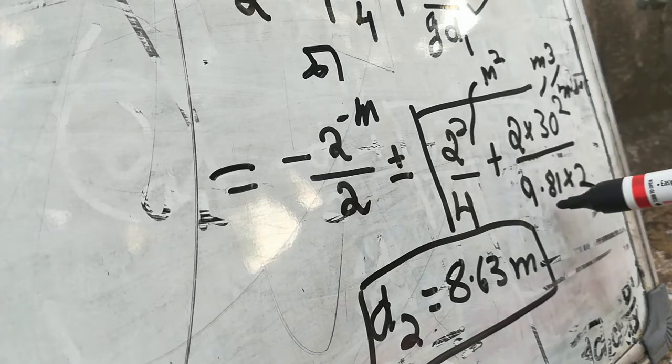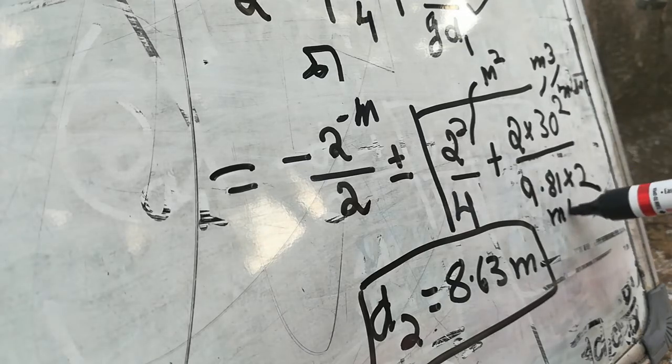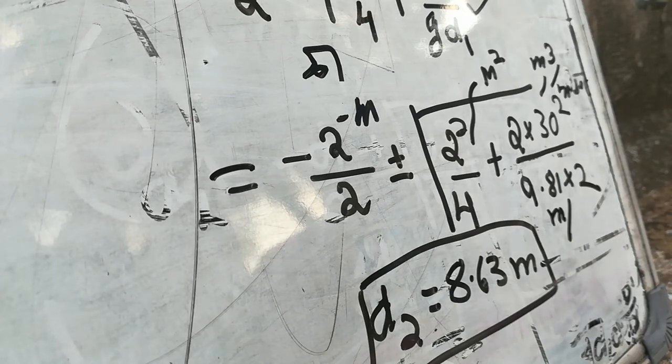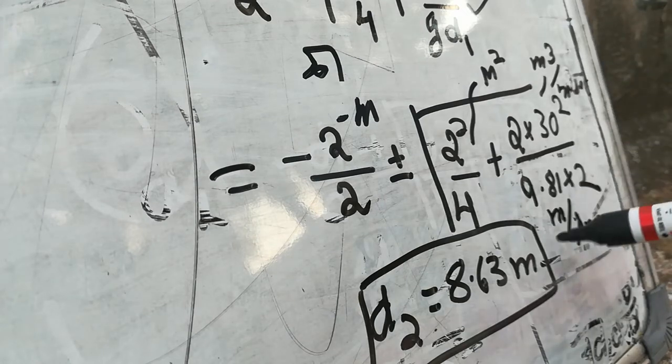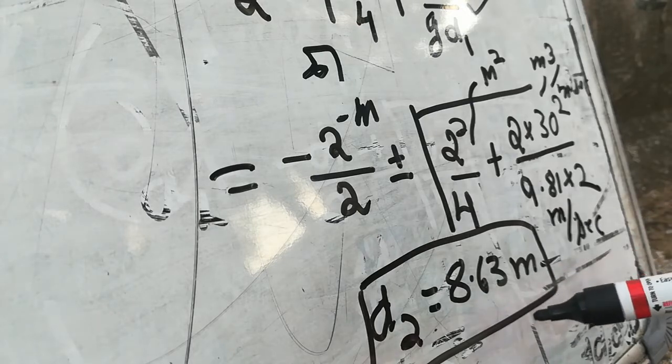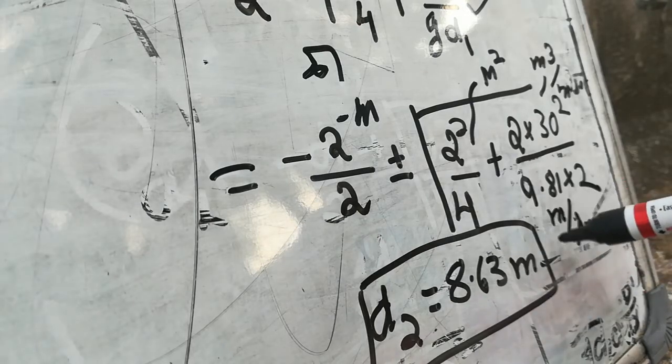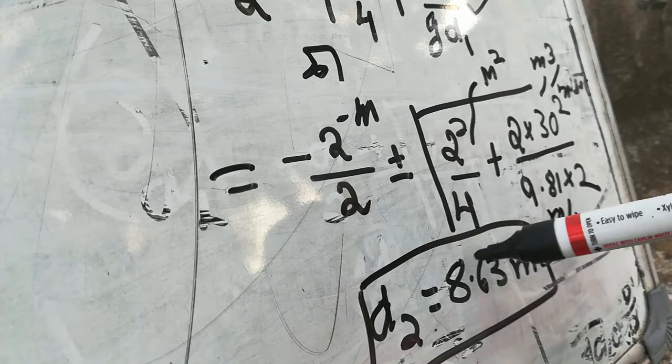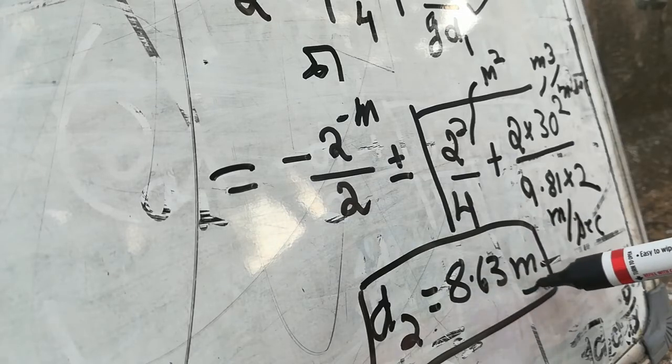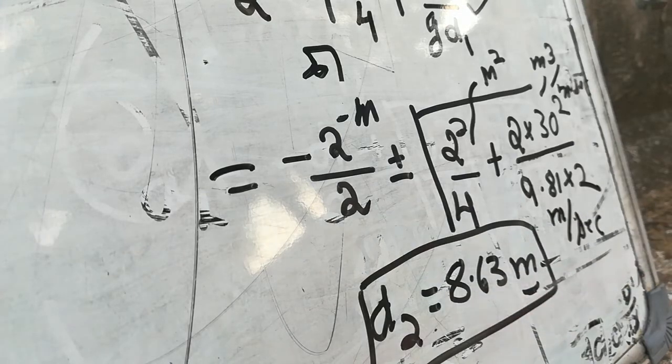This is meter per second, so second square goes here. The final result is in meter. So like that we can solve the units, and finally we get 8.63 meter.